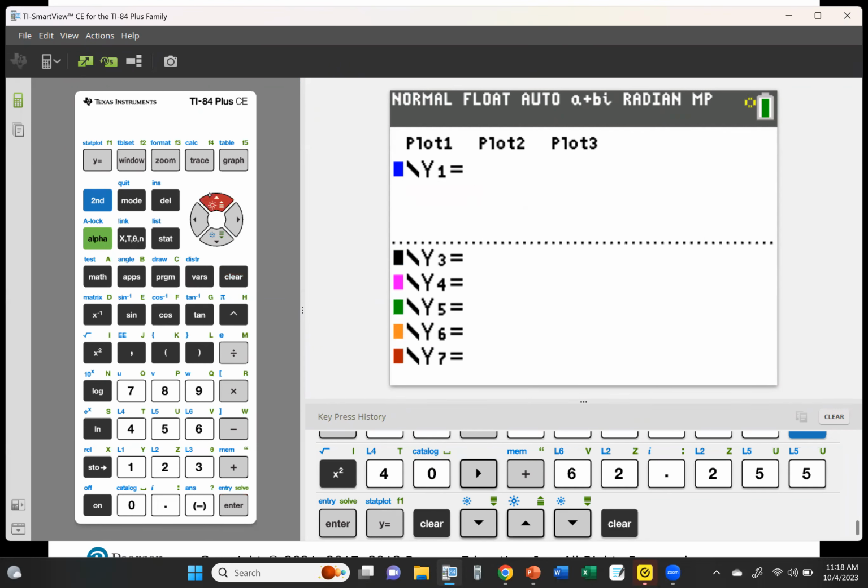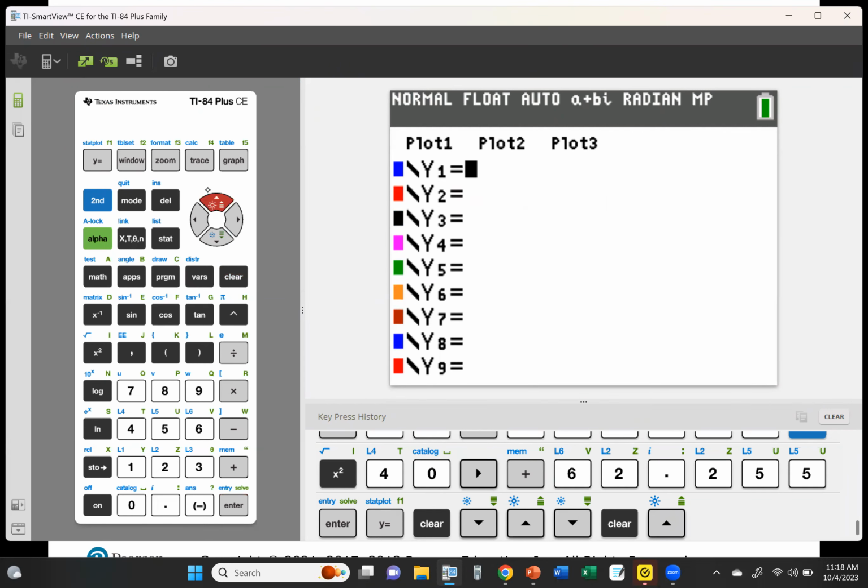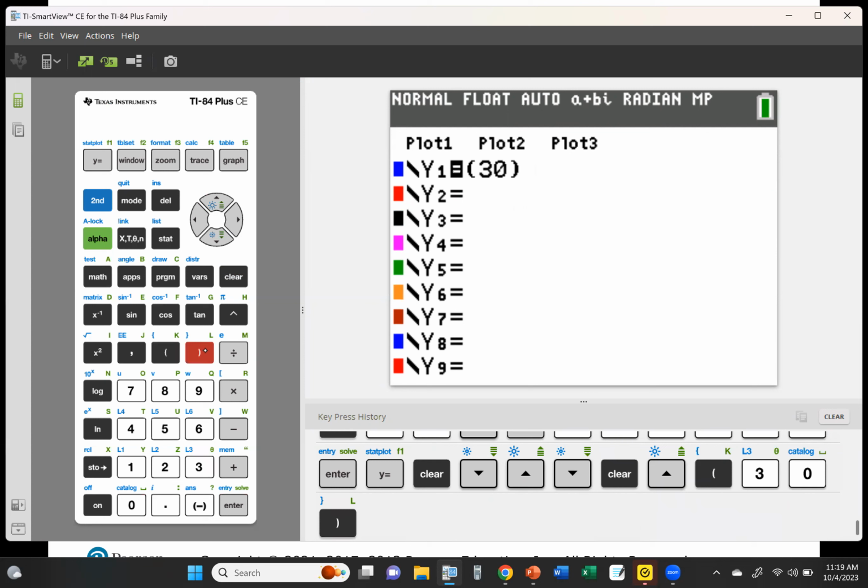All right. So the first part is that y is 30 if x is between 0 and 4, including 0, but not including 4. So I'm going to type the 30 inside parentheses. So for that first part, it's constant.